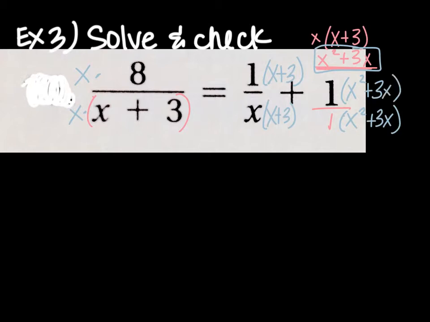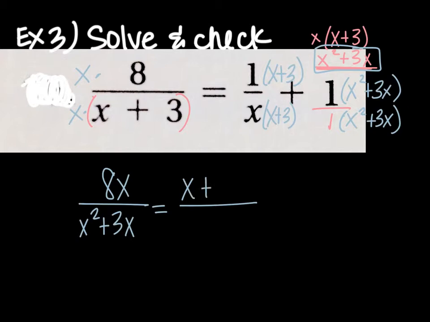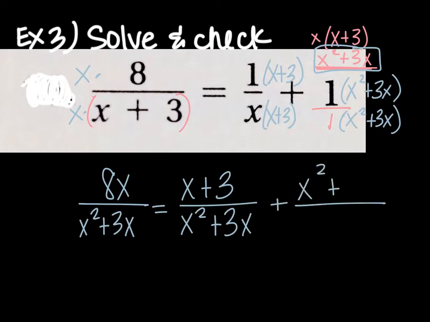So what you get is 8x over x squared plus 3x equals x plus 3 over x squared plus 3x plus x squared plus 3x over x squared plus 3x.